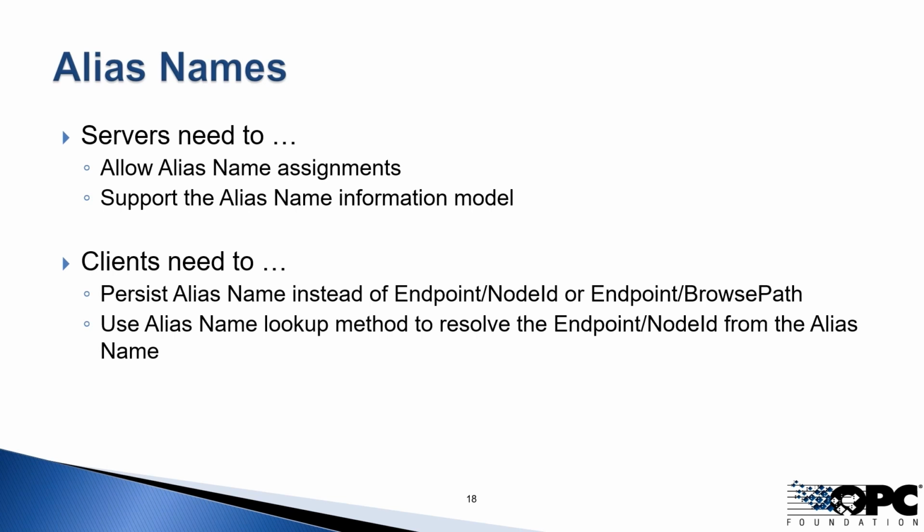And of course you'd have to be able to support the tree that I showed in the previous slide with the alias names grouped appropriately so that other clients and the GDS could update themselves with those alias names. Similarly, for a client to make use of alias names, it would do that in the typical way.